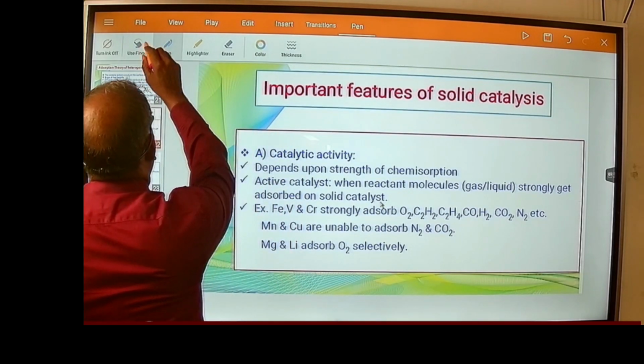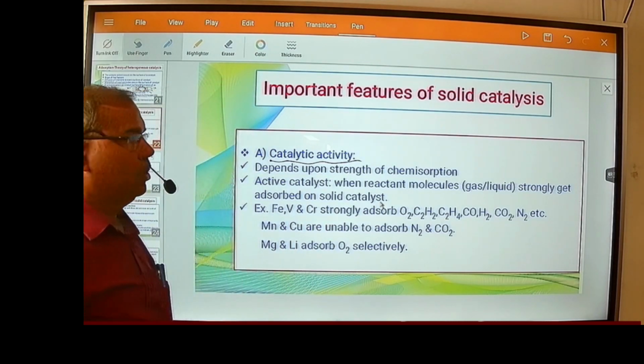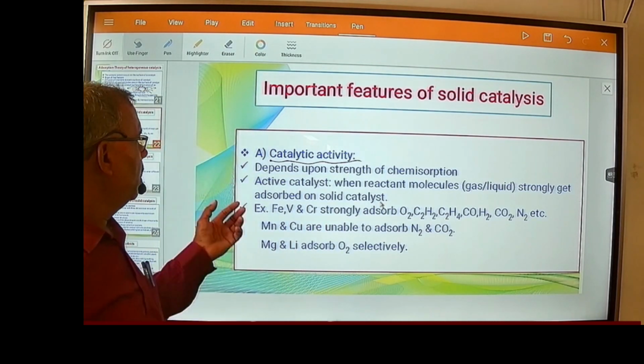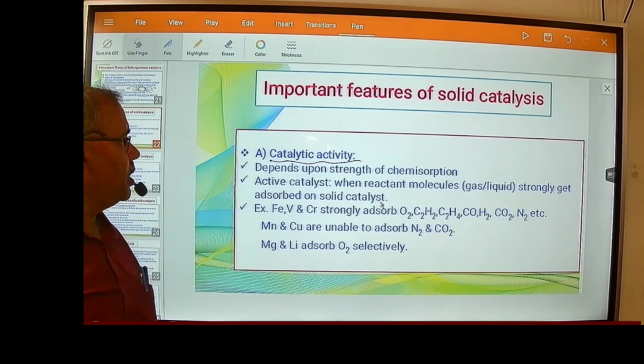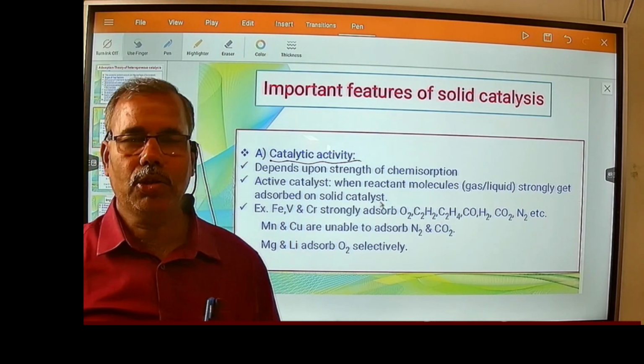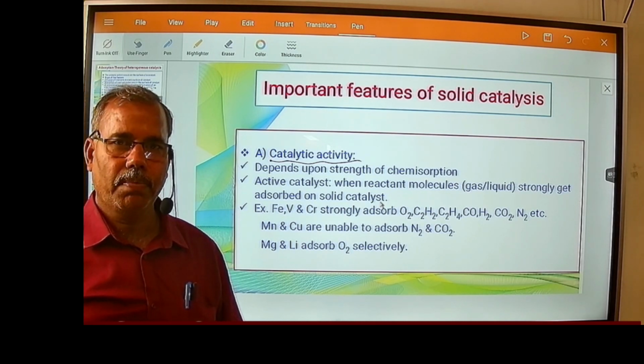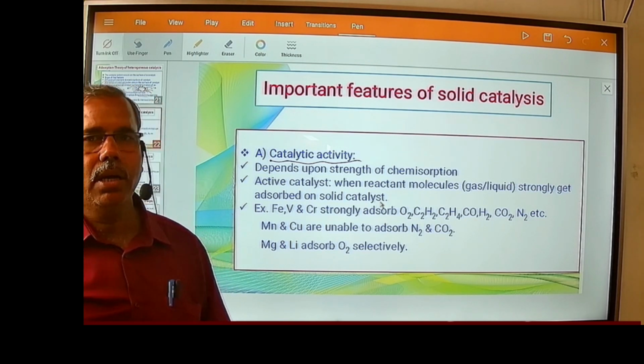So first feature is catalytic activity of the catalyst. Catalytic activity depends upon strength of chemisorption. Now we know chemisorption means the adsorption in which the chemical forces, that is chemical bonds, are formed in between adsorbent and adsorbate.